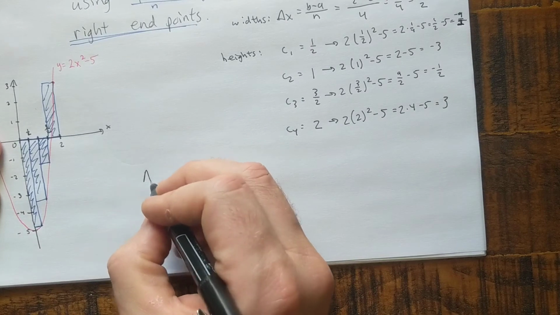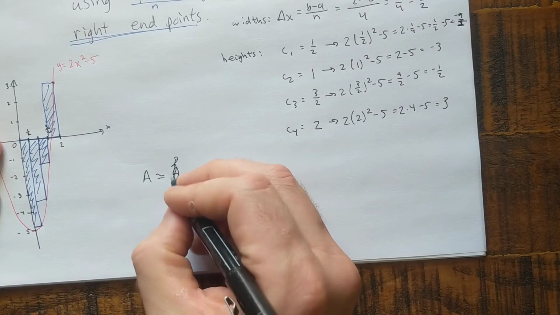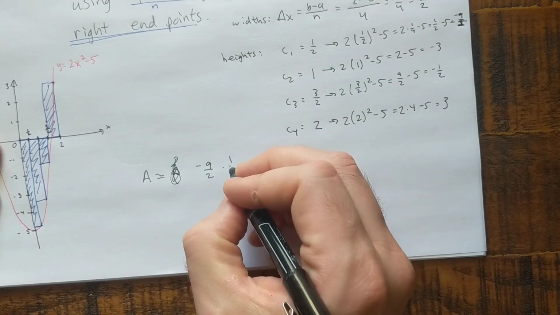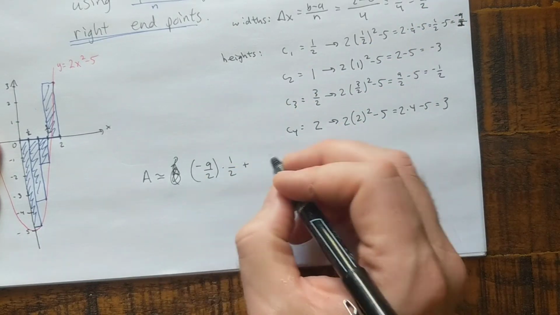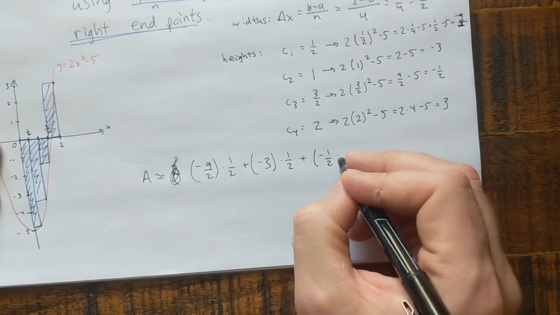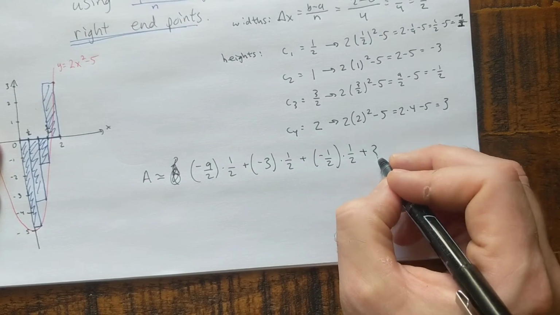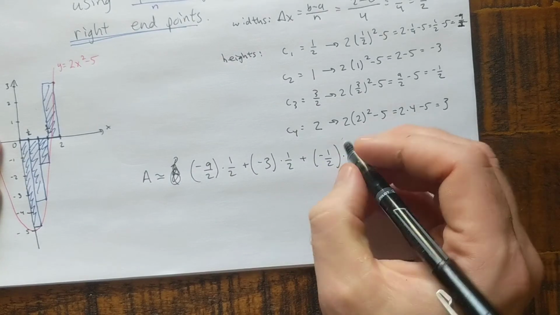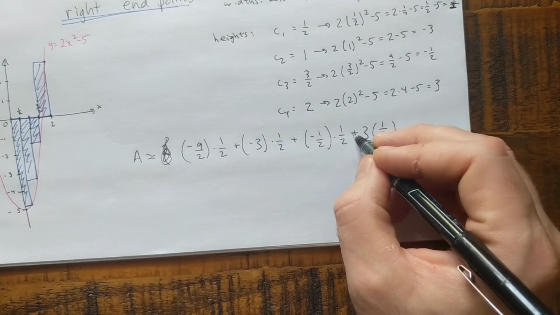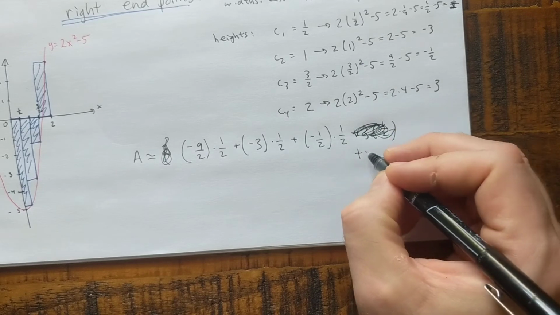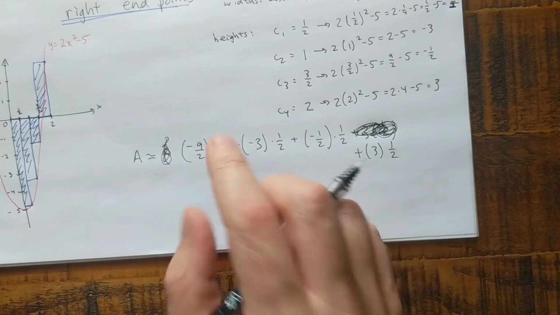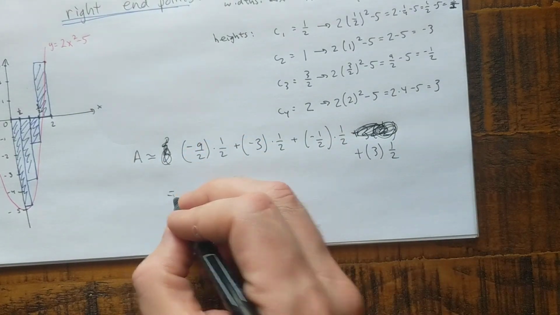Okay, so the area is approximately, let's not factor it out first, so it's going to be negative 9/2 times 1/2 plus negative 3 times 1/2 plus negative 1/2 times 1/2 plus 3 times 1/2. Yep, that's right. These 1/2s are all the same 1/2. They're the width of the rectangle.